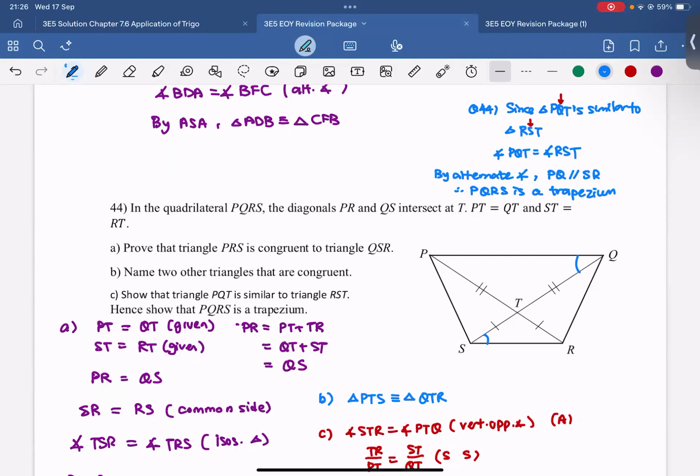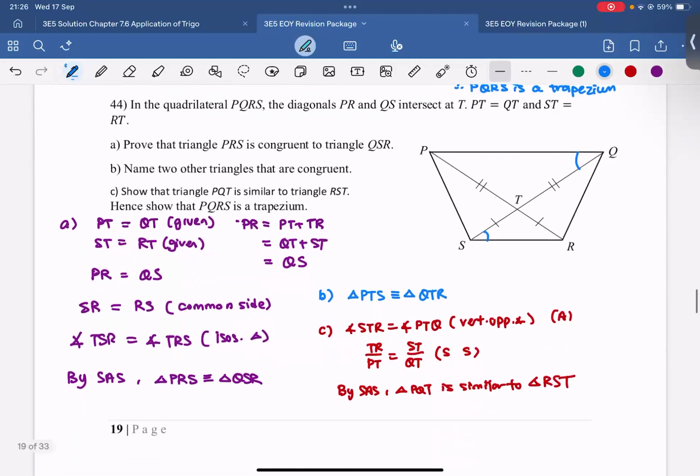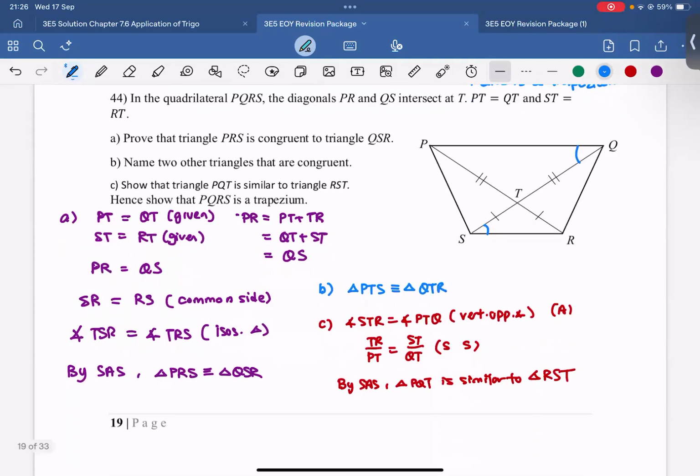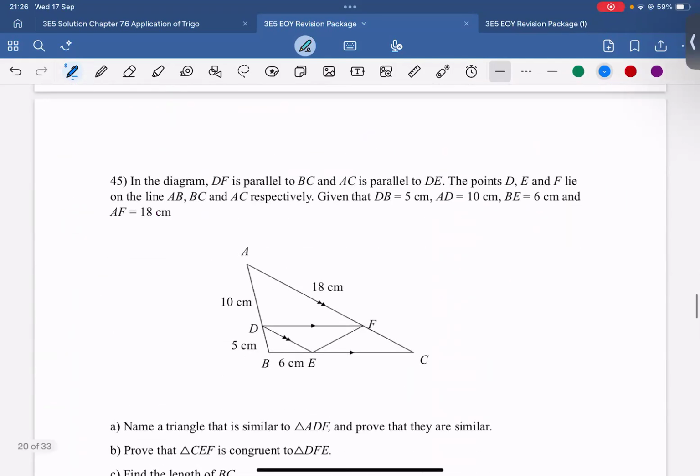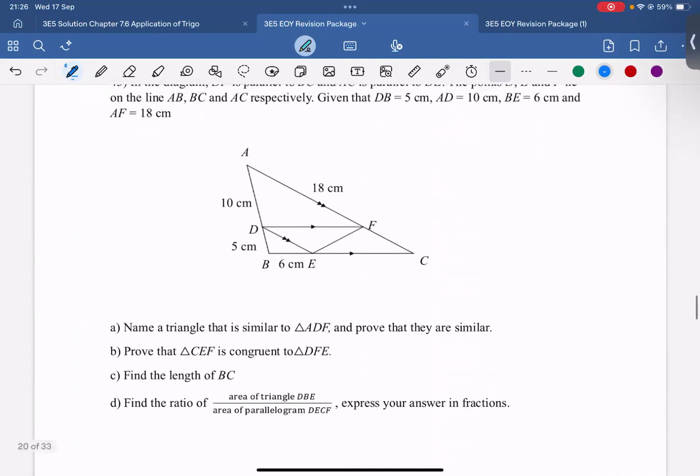How many marks is this question? Not much, maybe 6 or 8 at most. Next, question 2.